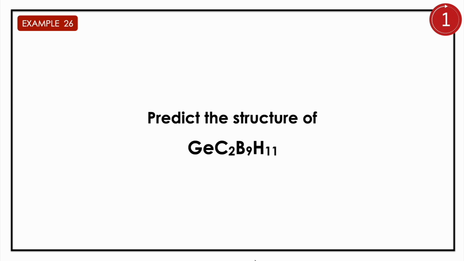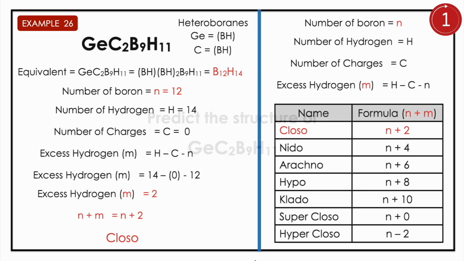Then the next example. Here you have germanium C2B9H11. You should find the structure of the molecule using Wade's rule. The given compound is GeC2B9H11 with two heteroatoms, germanium and carbon.